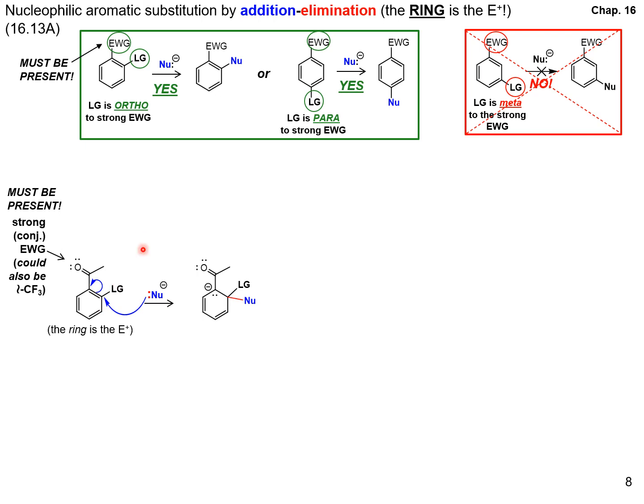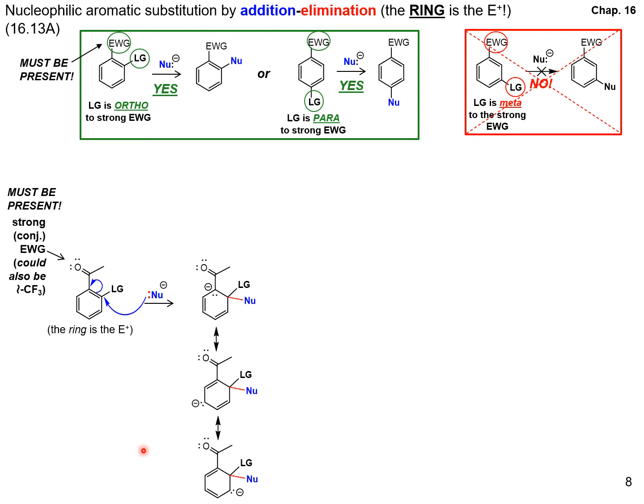But what can happen here is you can make this new carbon-nucleophile bond using these red electrons that come from the nucleophile. If you break this pi bond in the benzene ring, I end up getting a minus charge, which I can delocalize around the ring.